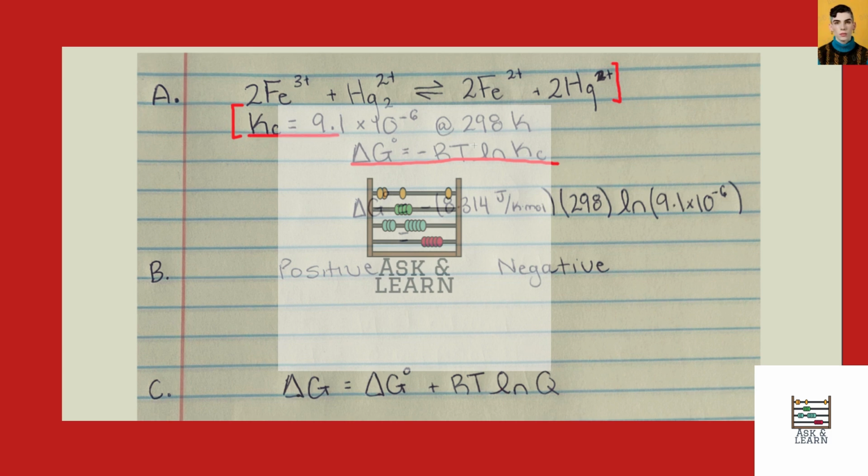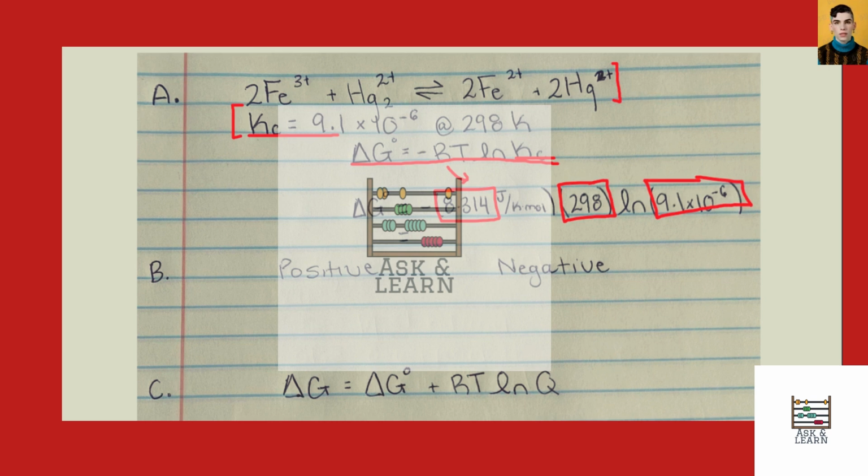So we have Kc, that'll plug in right here. And then we have R is a constant. It's 8.314, which you see right here. And then we have 298 Kelvin, and then our Kc. So that's just a plug and chug through.